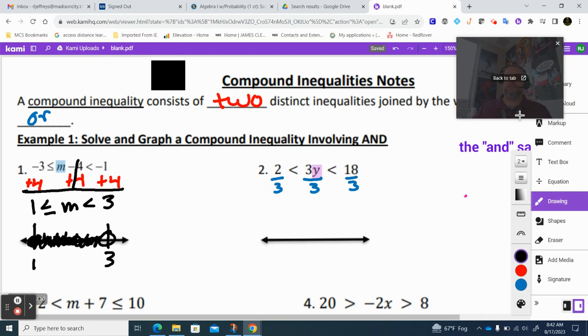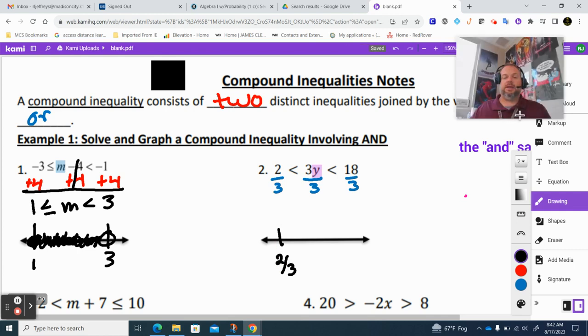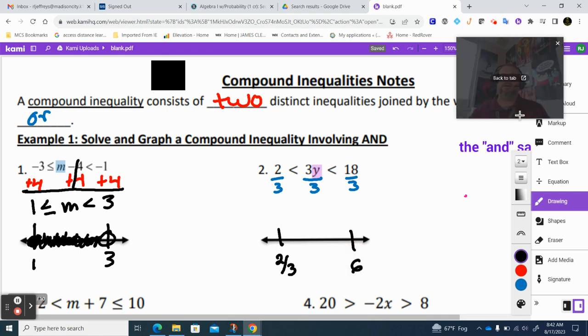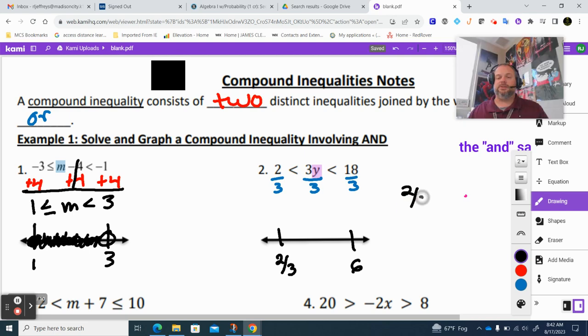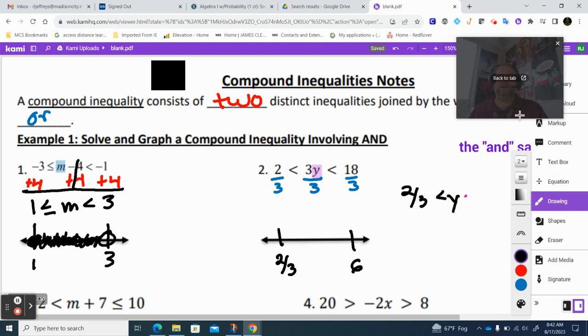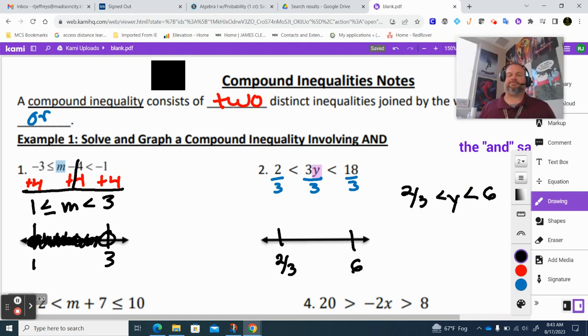So we actually get 2/3 and 6. This inequality is actually 2/3 less than y less than 6. Now, both of our numbers should have what type of circles? Open.